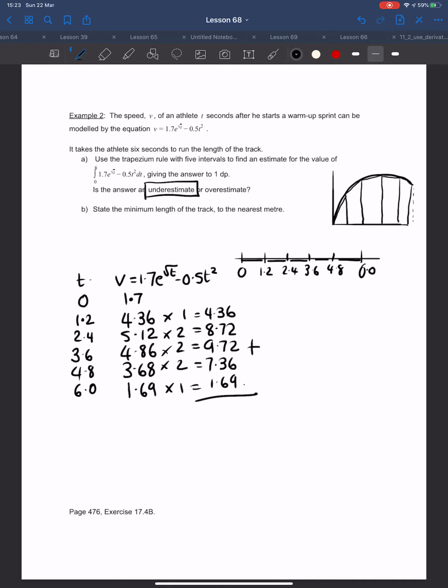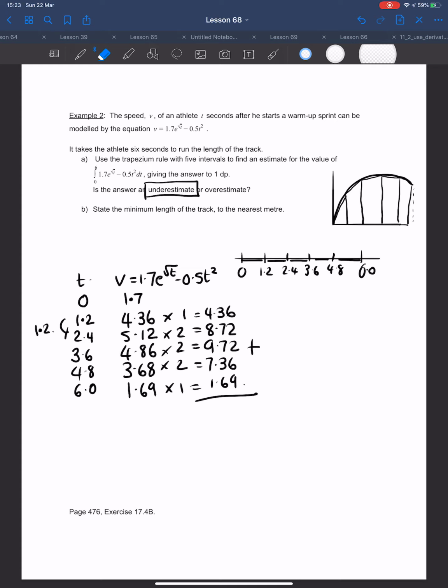So we've got to add those up. Remember the step size here is 1.2. So it's 1.69 plus 7.36 plus 9.72 plus 8.72 plus 4.36.